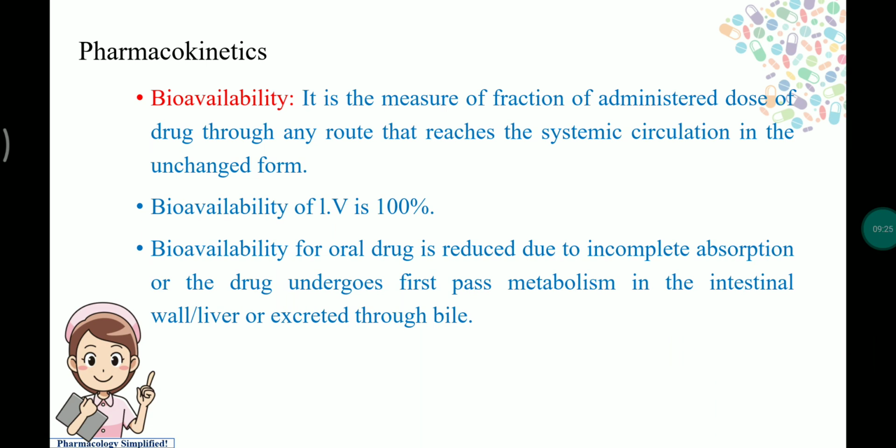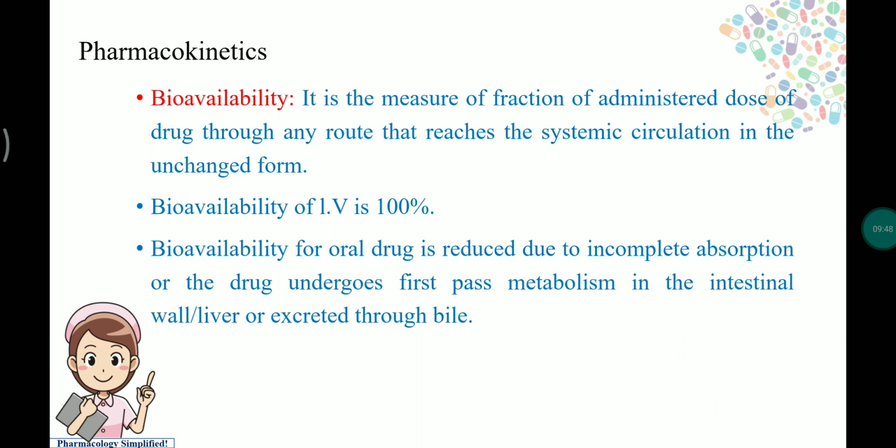Bioavailability for oral drugs is reduced due to incomplete absorption, because the presence of food inside the stomach delays the absorption, or gastric emptying is also one of the factors.